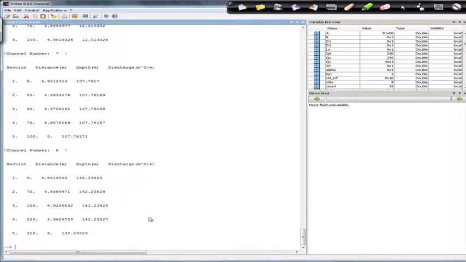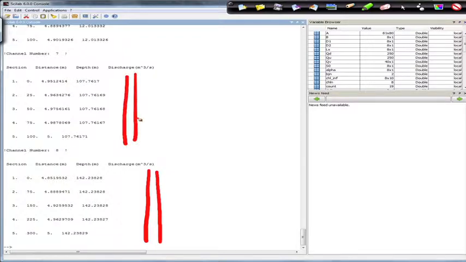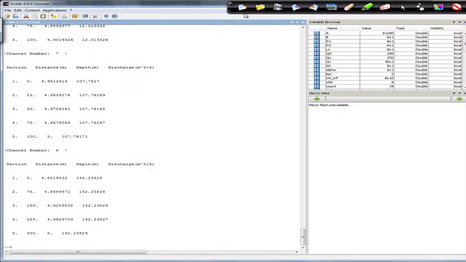I can see that at channel 8 I am getting 142, which is the same as previous configuration. Channel 7, which is 107, this is same as previous configuration, because we have considered the same direction for flow for 7 and 8.